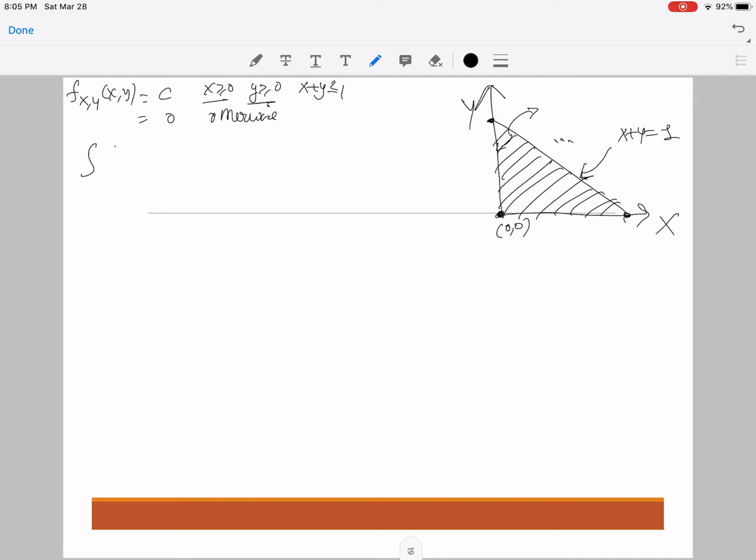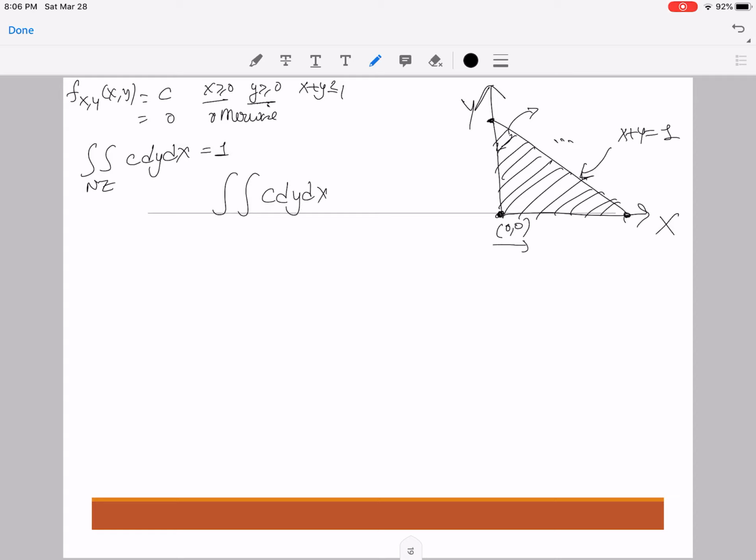To find this constant C, I'm going to integrate the joint PDF over the region of non-zero probability. Whatever I get, that will be equal to 1. So I'll use this equation to find the value of constant C. Let's find out the limits of integration here.